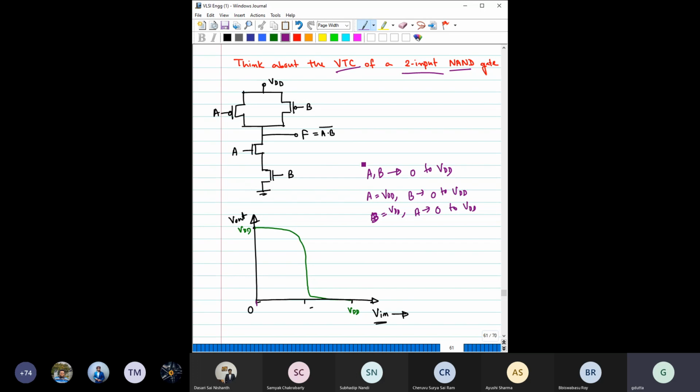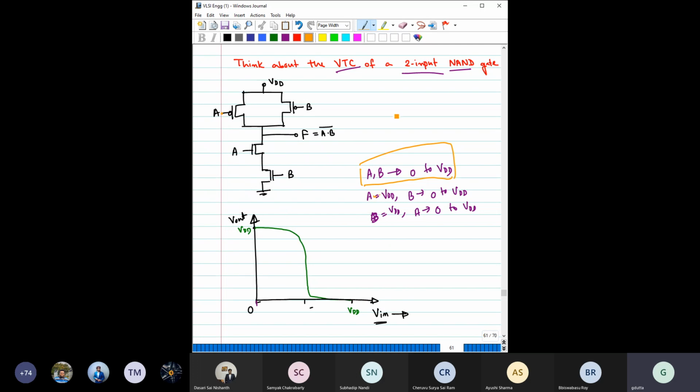Let us take the very simple case, when A and B both are changing simultaneously from 0 to VDD. That means you have basically shorted A and B, and they are changing together, because to plot the VTC you have to change this input voltage from 0 to 1, where 1 means VDD, the maximum supply voltage.